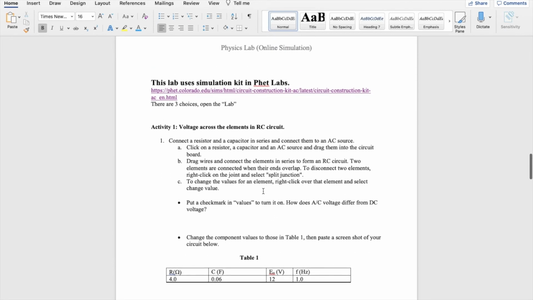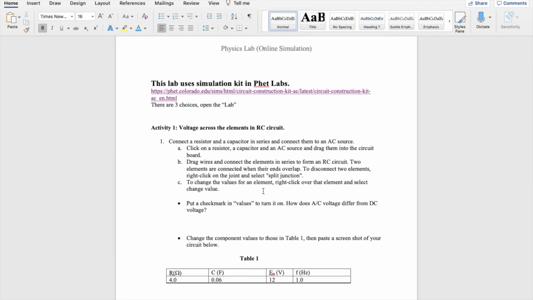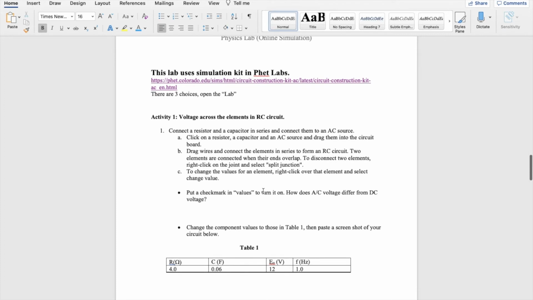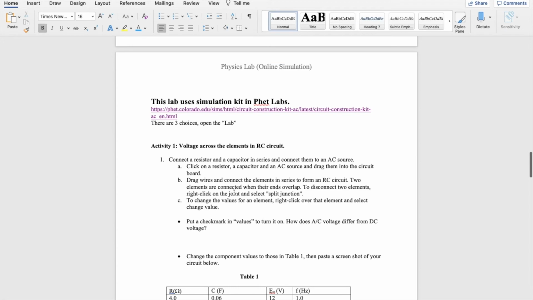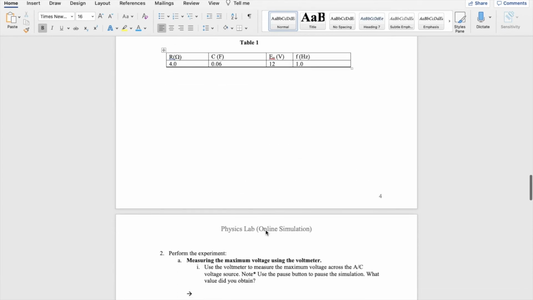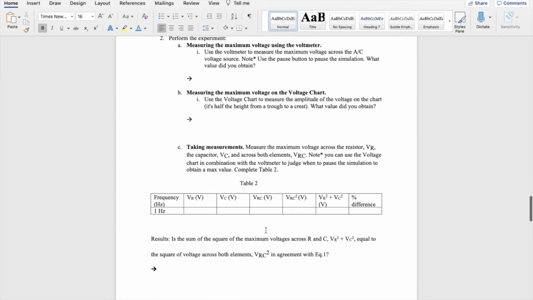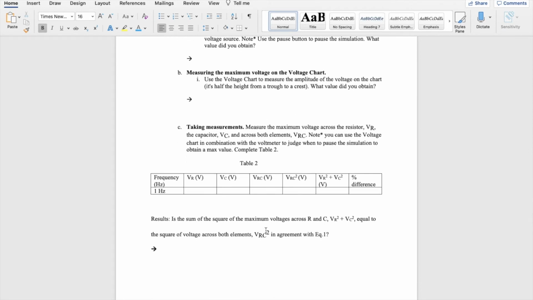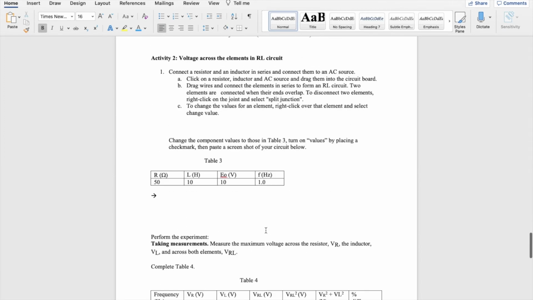And so as practice for the lab, we do three different scenarios. The first one is putting a resistor and capacitor in a circuit, providing an AC source, and calculating frequency, voltage across the resistor, capacitor, and so on.